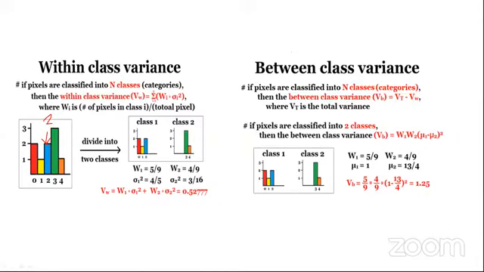If 2 is the threshold you choose, it will divide into two classes: class 1 corresponding to your background and class 2 corresponding to your foreground. Basically it will try to minimize the within class variance, and try to maximize the between class variance.